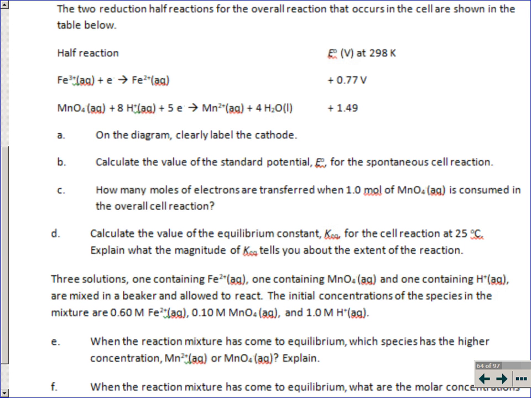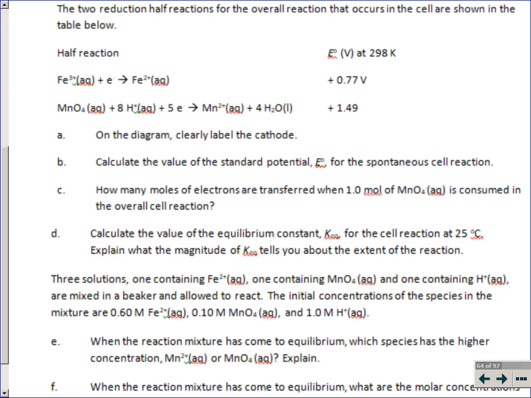But to get the equilibrium constant, what do we need? What's that one law with E cell and K? Okay, hold on. I heard delta G is equal to negative nFE, and then I heard what? So delta G is equal to negative RT ln K. Okay, so then these two are equal to each other.